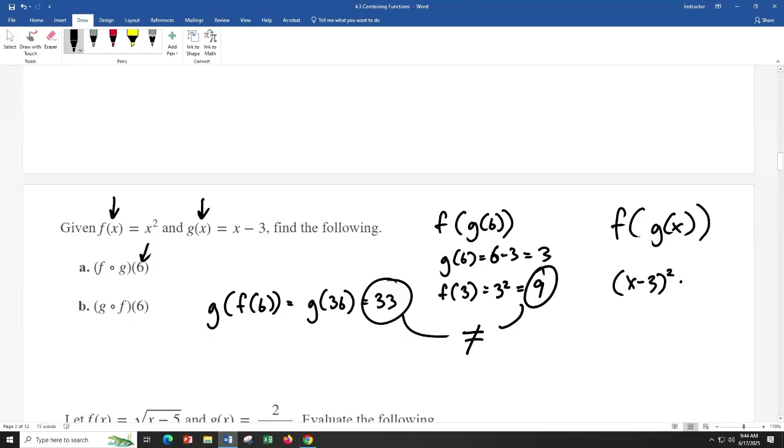That's it. Notice the g of x is sitting here, right? What's on the outside of it? The squared. I have taken that function and composed it into the new function.